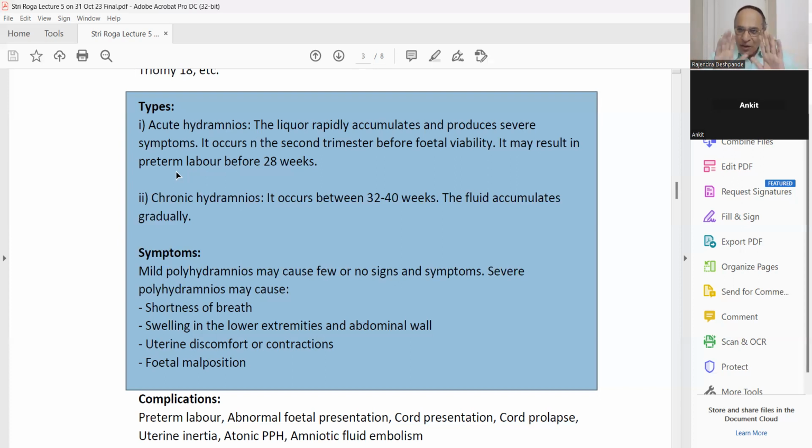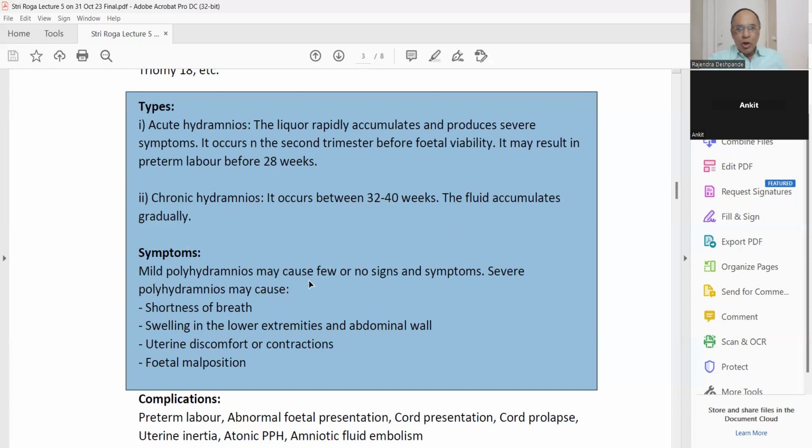Are you getting the quantification? Acute occurs before 28 weeks, that means before 7 months. Chronic hydramnios occurs between 32 to 40 weeks, that is from the 8th to the 10th month. The fluid accumulates gradually.